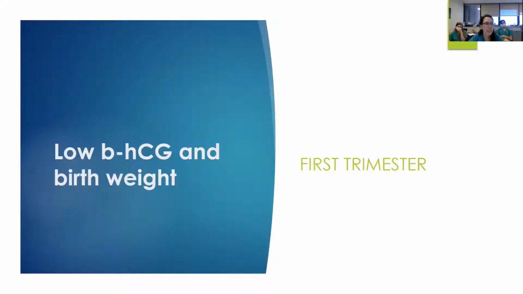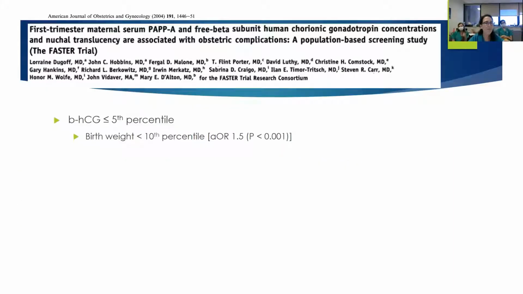Now in terms of HCG and birth weight in the first trimester. The FASTER trial again: HCG less than the 5th percentile was associated with birth weight less than the 10th percentile. The odds ratio was 1.5.